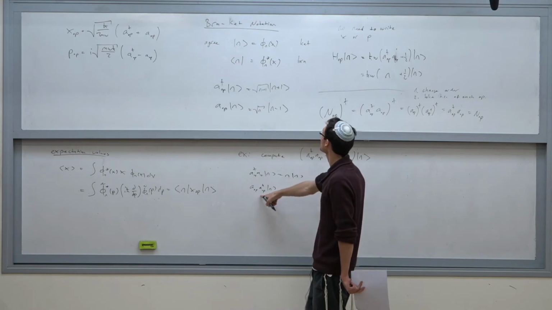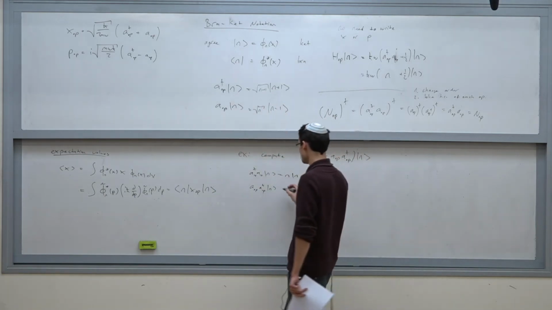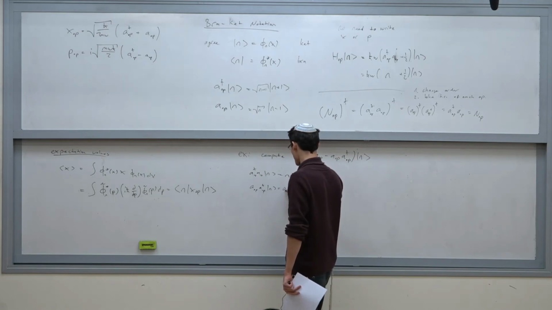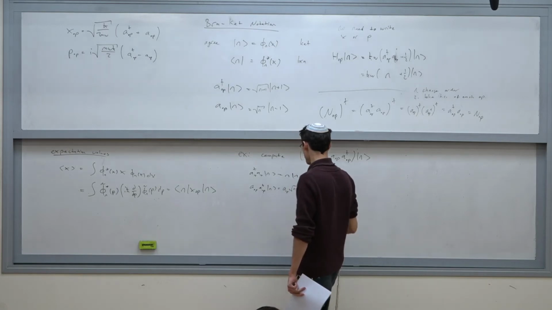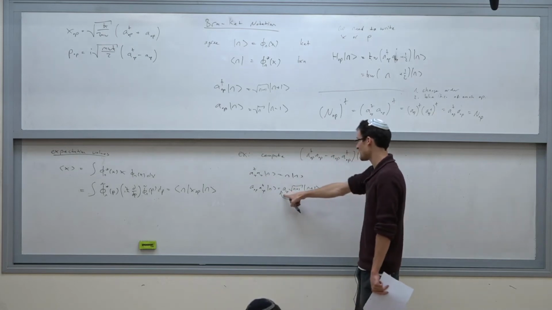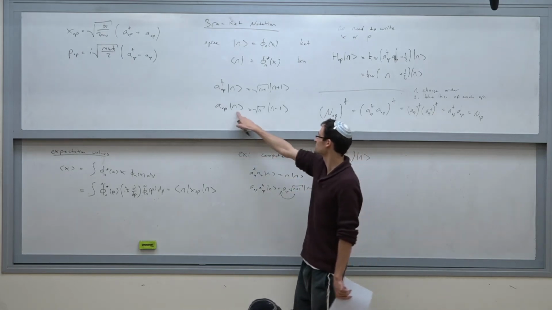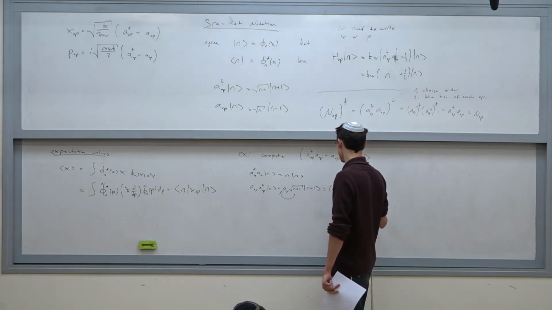So when we act with A dagger on N, here's our formula, we get root of N plus 1. We can then move this in front of the operator and act with A on N plus 1. So we use this formula with N plus 1.